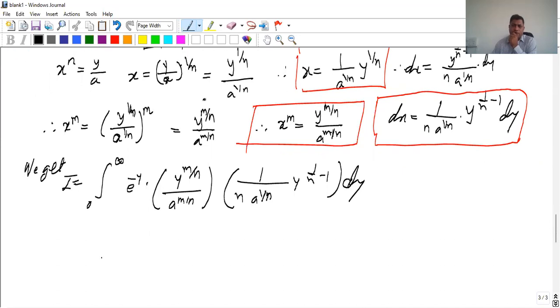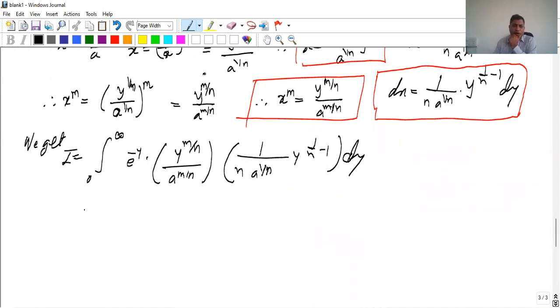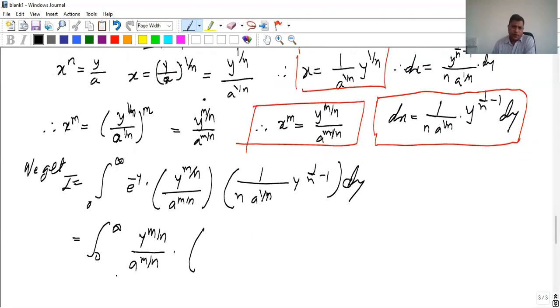Now let us simplify this. Okay, this is equal to integral 0 to infinity y raised to m by n upon a raised to m by n, dy terms.